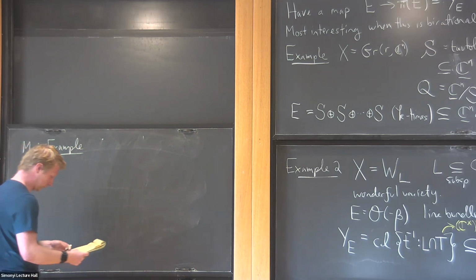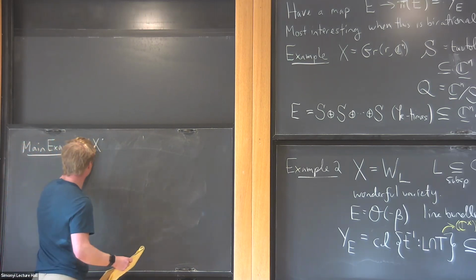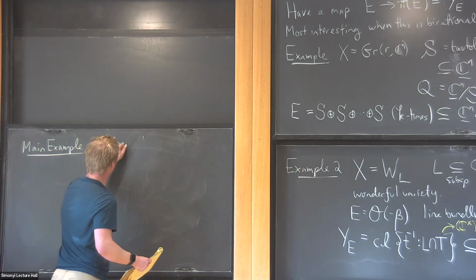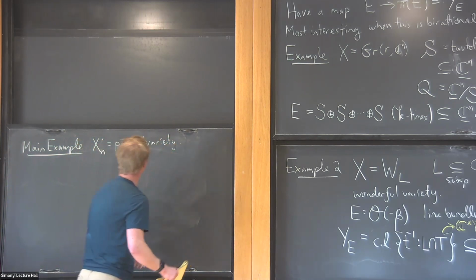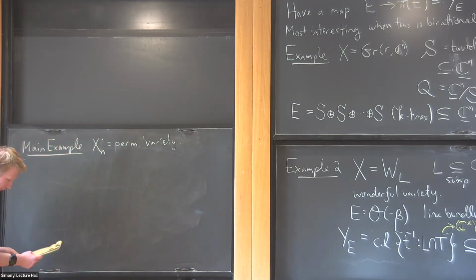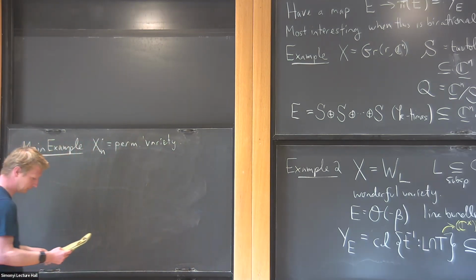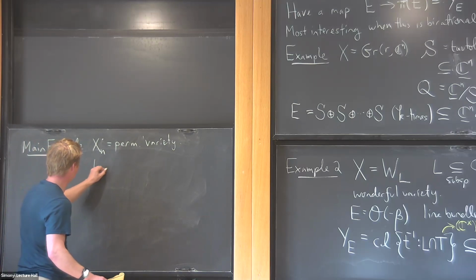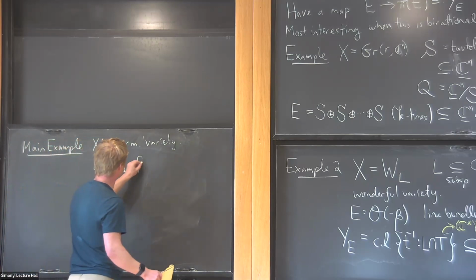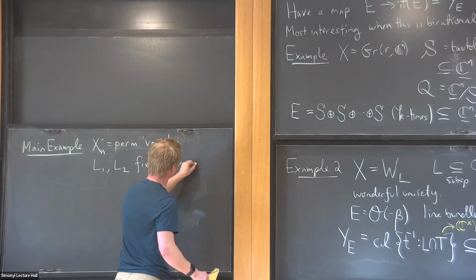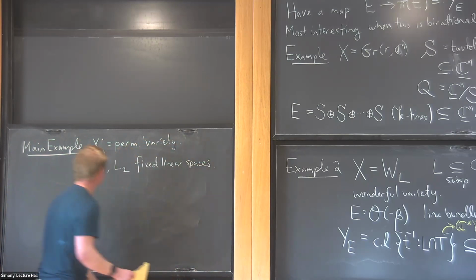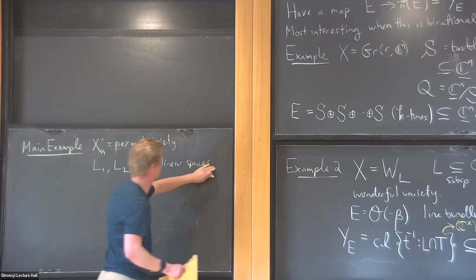And so I'm going to have X_n, the Bergman-Hedron variety, the toric variety associated with the permutohedron. And I'm going to have L1 and L2. These are going to be fixed linear spaces of C^n.